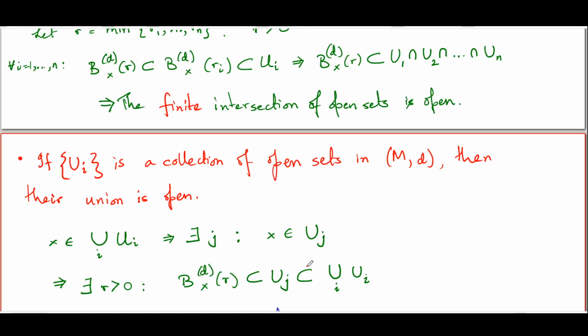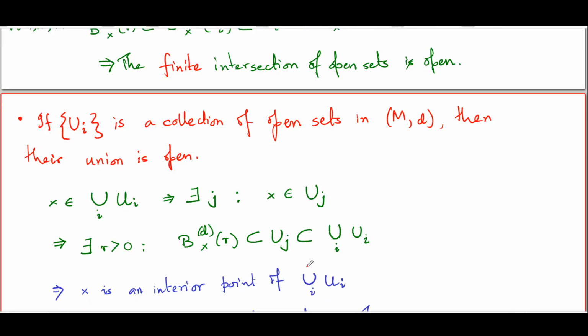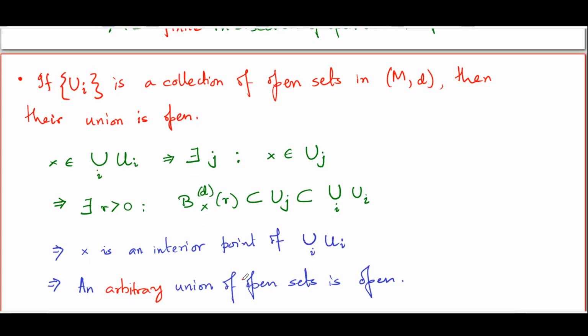So, for any point x in the union, you will be able to find some r such that the r ball centered at x is entirely within the union. In other words, x is an interior point of the union, and since this is a statement which is true for every point x in the union, every point is an interior point, so an arbitrary union of open sets is open.